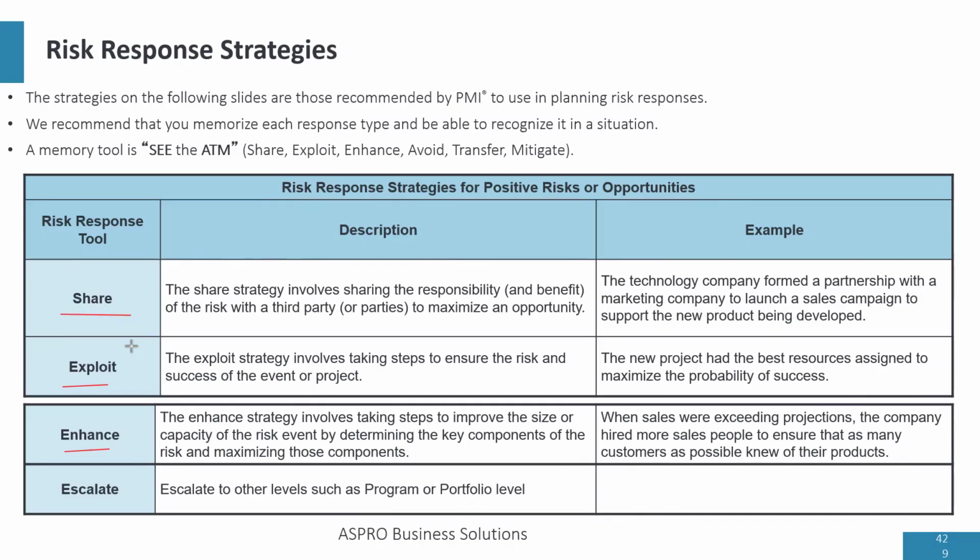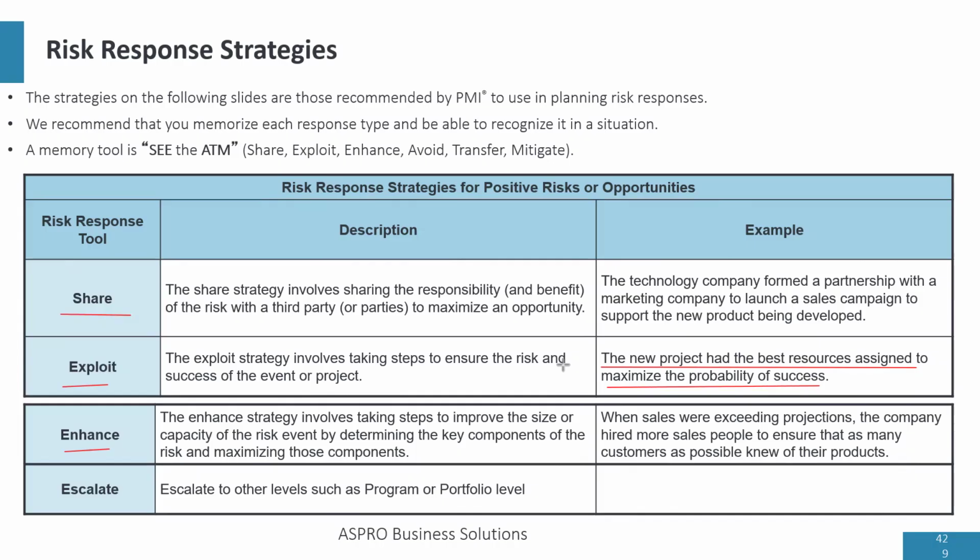That's a share strategy. Exploit is a strategy which involves taking steps to ensure the success of the event or project. The new project had the best resources assigned to maximize the probability of success. That's an exploit.